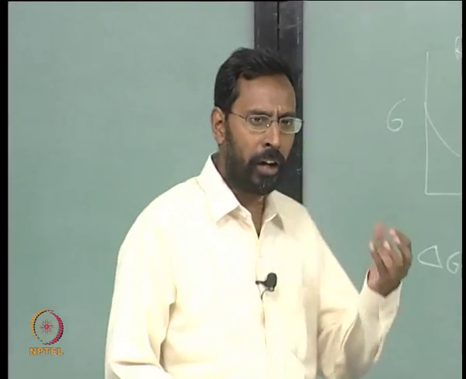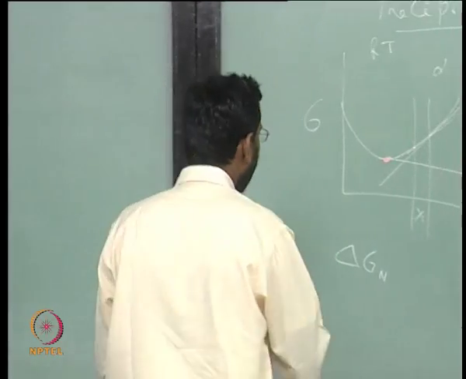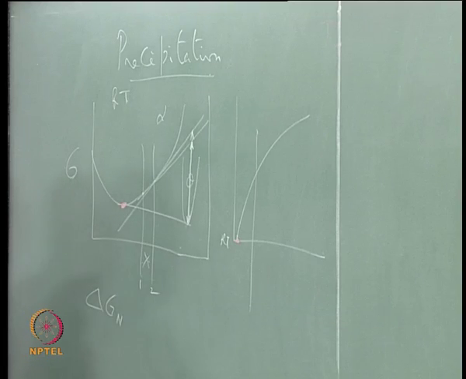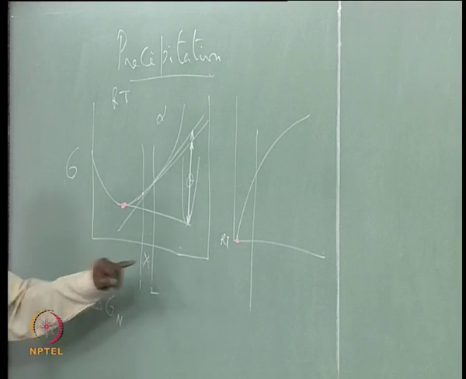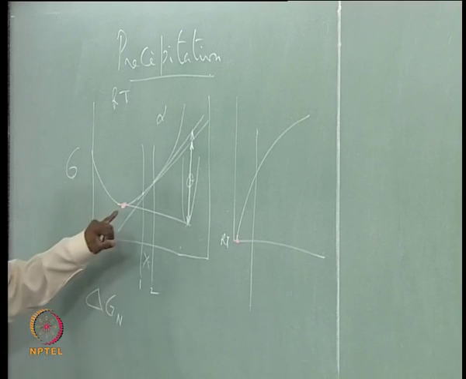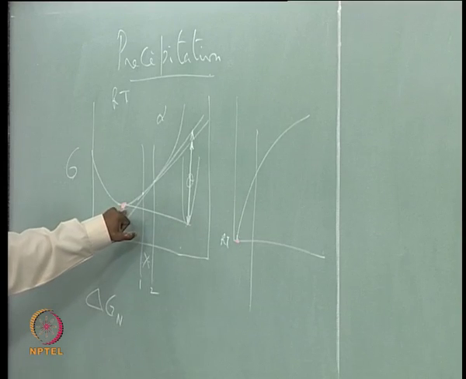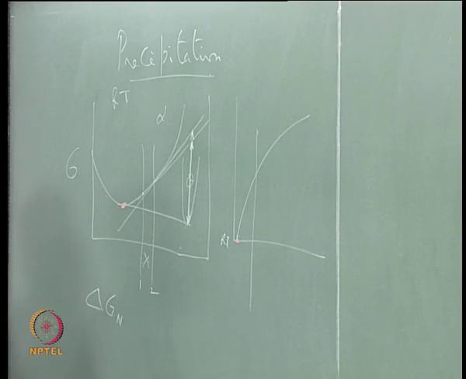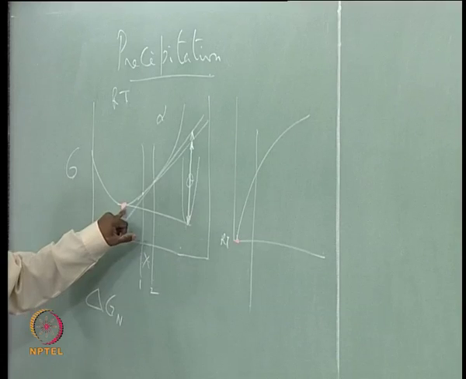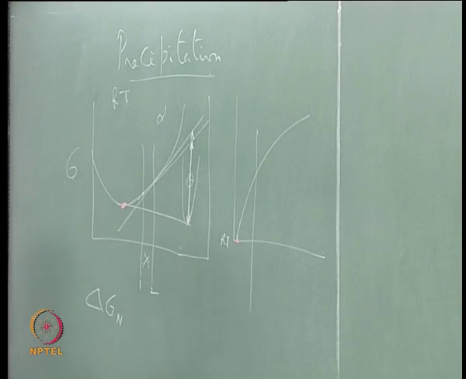For the same theta to precipitate out of alpha, alloy 1 and alloy 2 will have different driving forces, and the more away the alloy composition is with respect to the equilibrium composition, the greater will be the driving force.